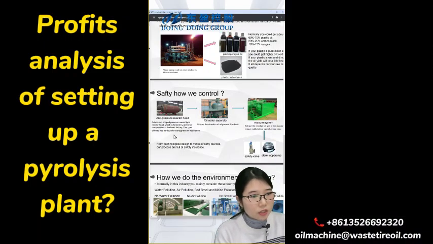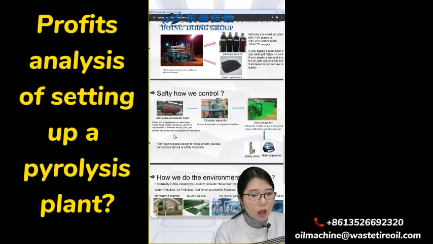And after finishing the processing of this pyrolysis plant, before we discharge the carbon black, we need to cool down the reactor, and we will use the vacuum system to help save the reactor cooling time.